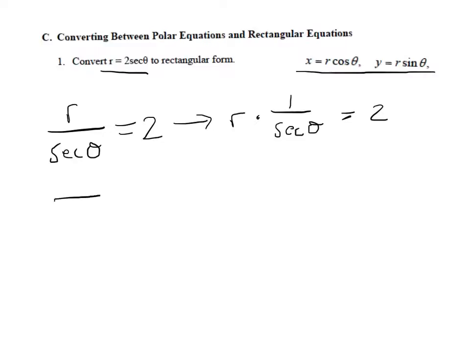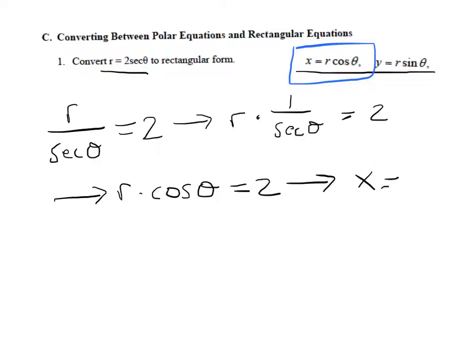And if you remember, 1 over secant is the same thing as cosine. So we have r times cosine of theta equals 2. We know that r times cosine of theta really equals x. And so in the end we have the equation x equals 2.